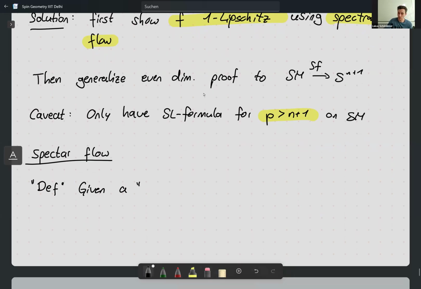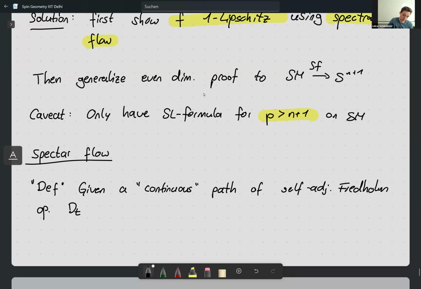So let's assume that we have a continuous path, and continuous is also in quotation marks because I don't want to explain now what this actually means in this context, of self-adjoint Fredholm operators D_t, where t ranges in some interval [a,b].